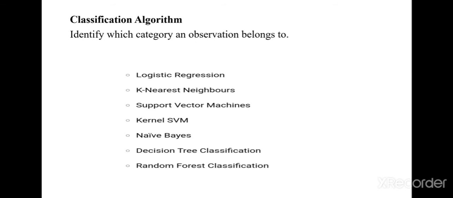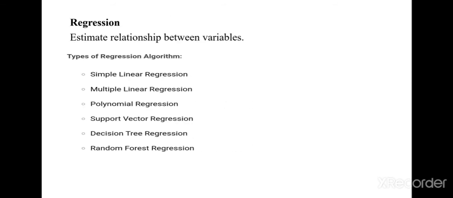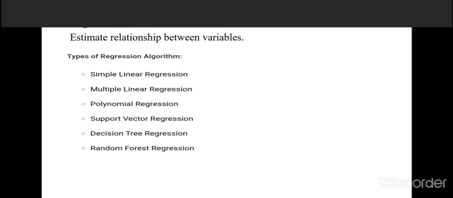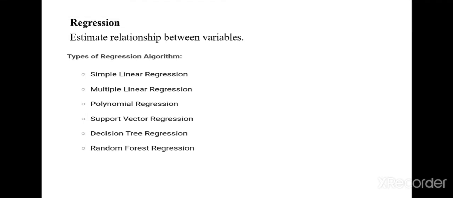And the next category is regression. A regression algorithm estimates the relationship between variables, or correlation between variables. The different types of algorithms under regression are simple linear regression, multiple linear regression, polynomial regression, support vector regression, decision tree regression, random forest regression.